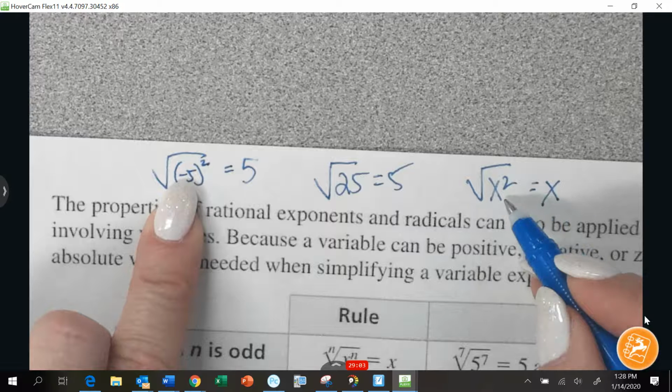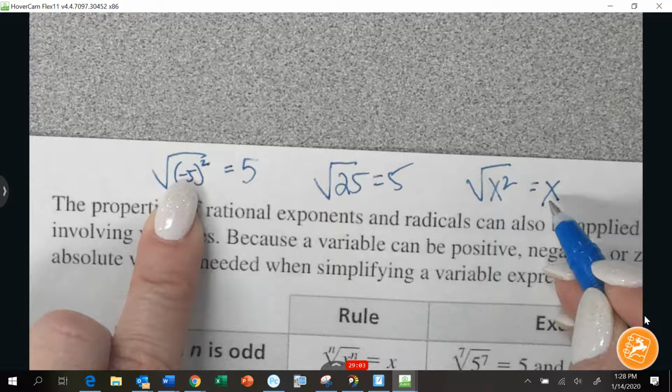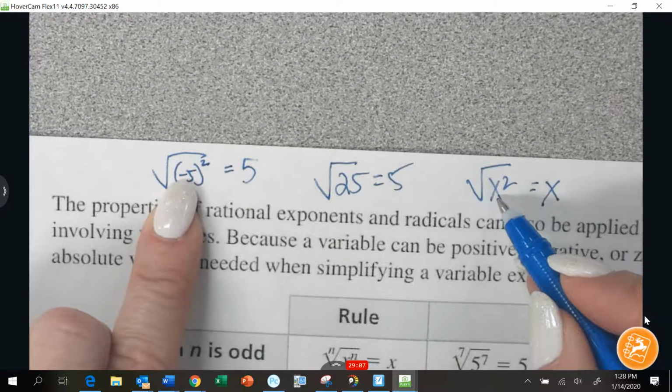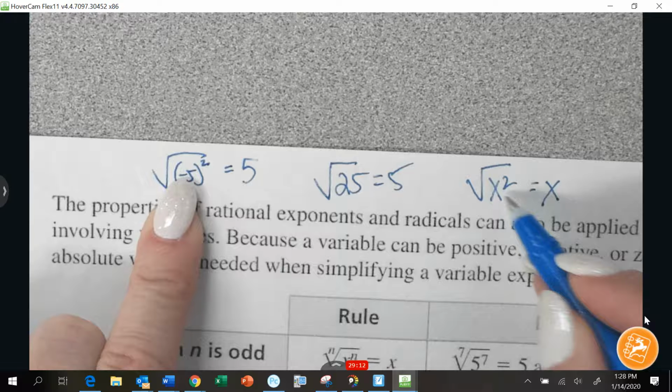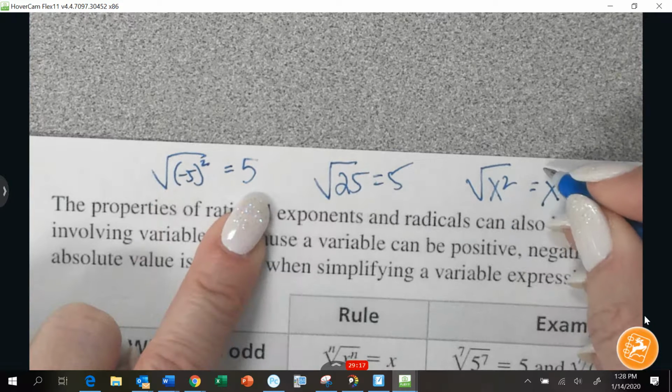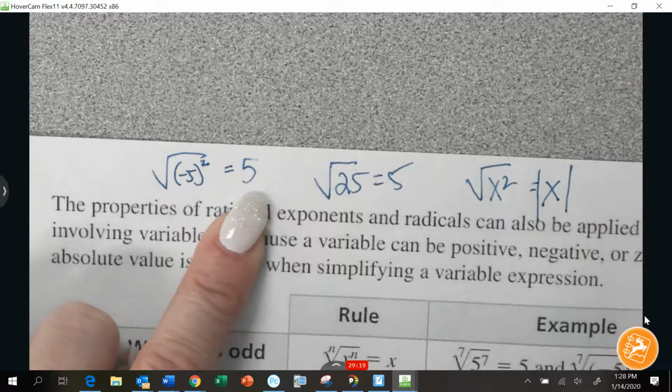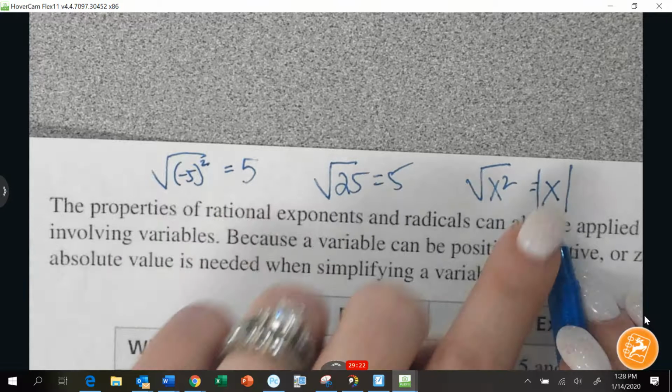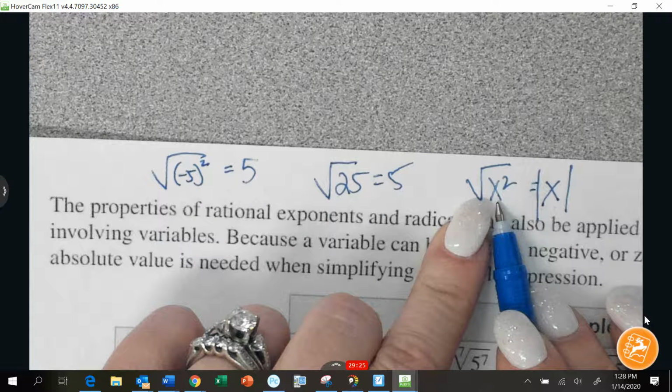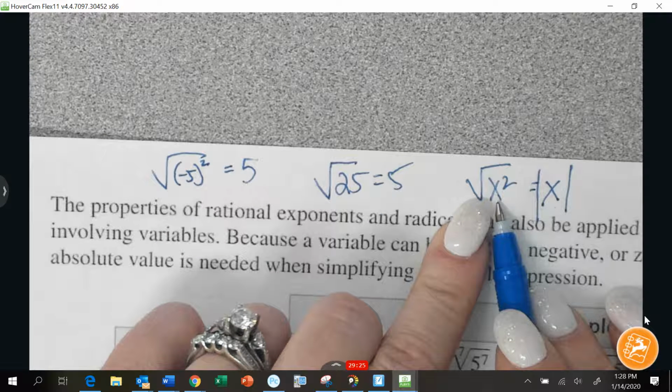This one here, the answer is the original number, but it isn't always the original number that I squared. Always this rule says we have to put in this absolute value to say that we are aware that this is a positive version of whatever my original number squared was.